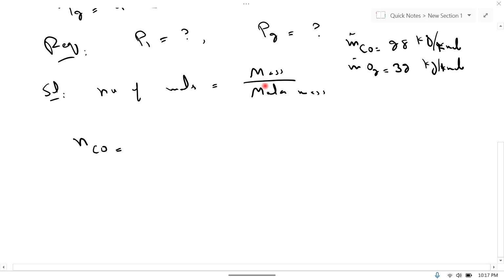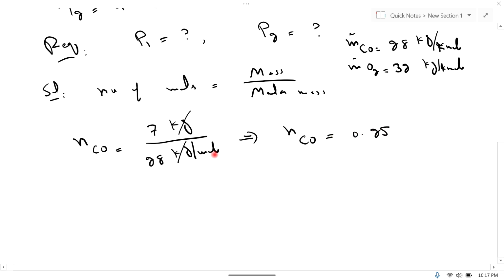mass of carbon monoxide is given to us as 7 kilogram, and molar mass of carbon monoxide is 28 kilogram per kilomole. Kilogram will be cancelled with kilogram. So number of moles of CO is equal to 7 divided by 28 is equal to 0.25 kilomole.